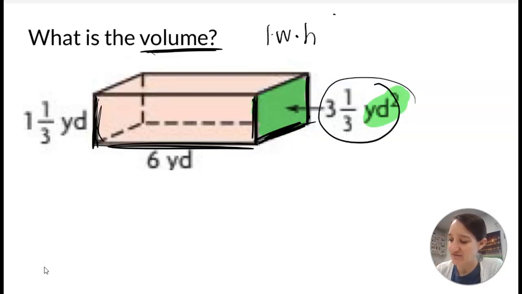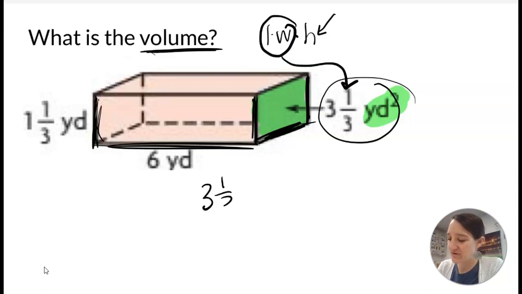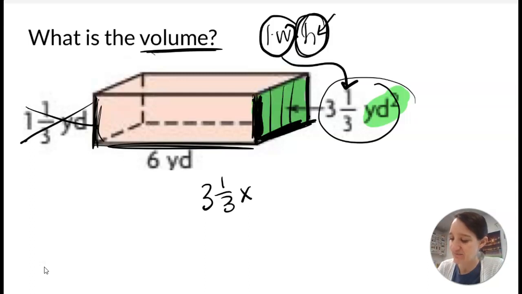Now all you have to do is the height. The length and the width they found out is 3 1/3. So 3 1/3 times, all we need is the height. We don't need this right here because we've already multiplied it by that to get the base right there. So now we just need the height.